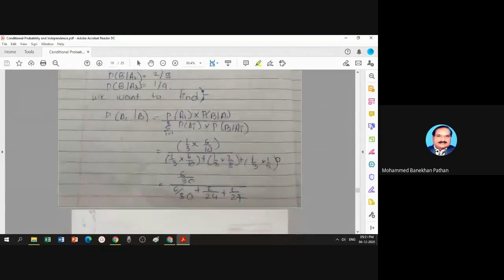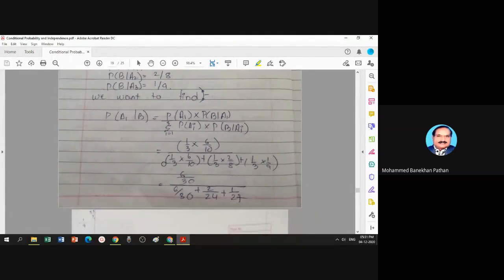The next step is very simple. Put in the values we calculated before. The chance of getting the first partition is 1 by 3, and the chance of getting blue from the first partition is 6 by 10. In the denominator, there will be 3 additions because there are 3 partitions.